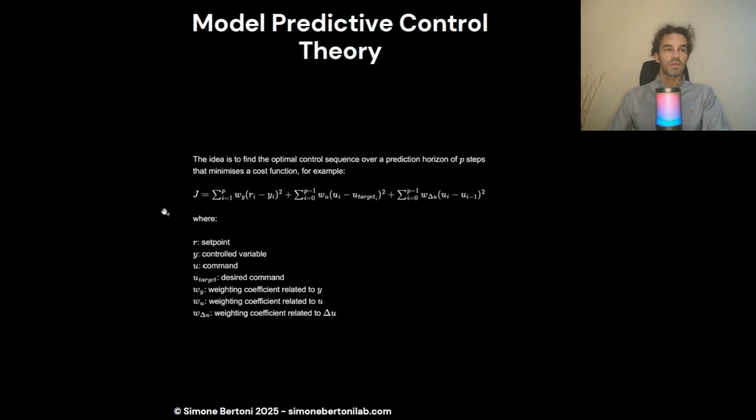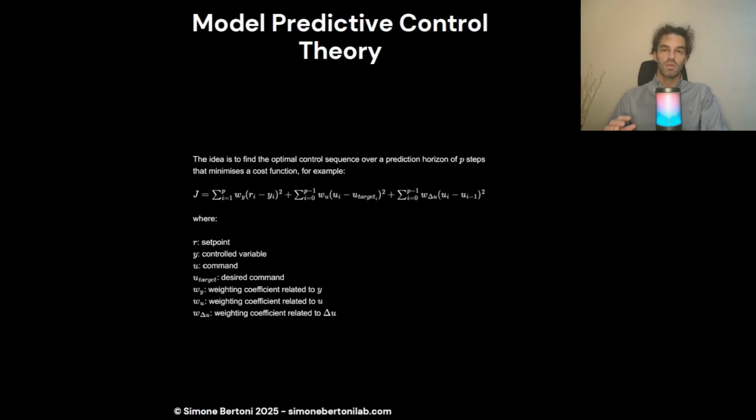Okay, just a quick recap of the cost function. I'm not going to go into this mathematically again, but remember that this is an optimization, so a minimization in this case of this cost function, constrained.